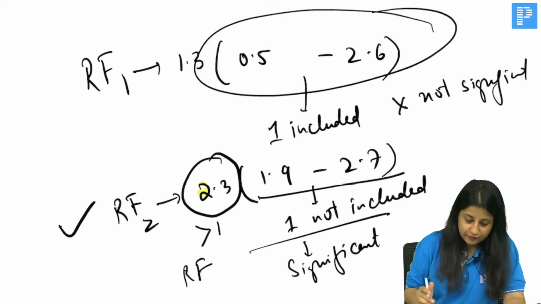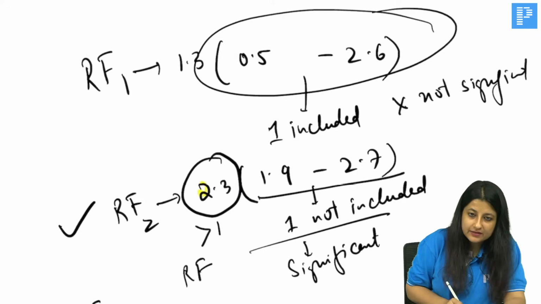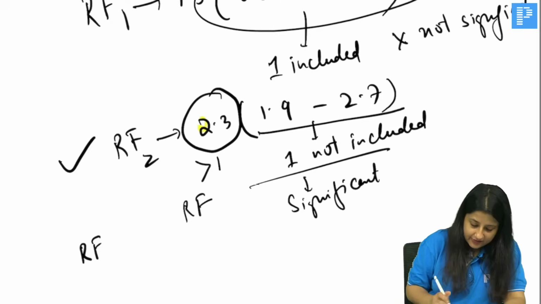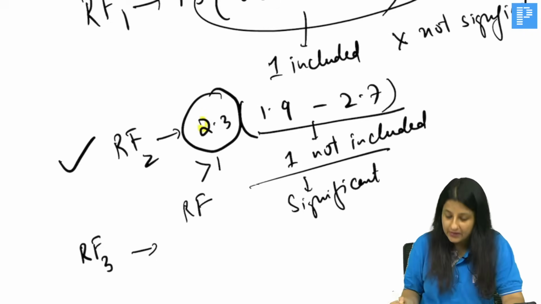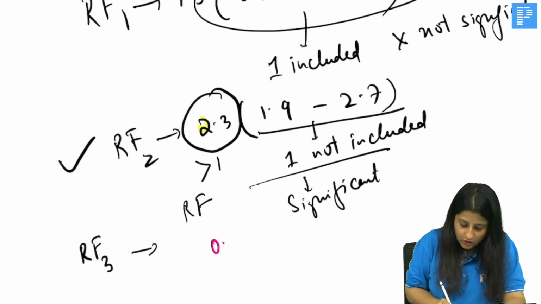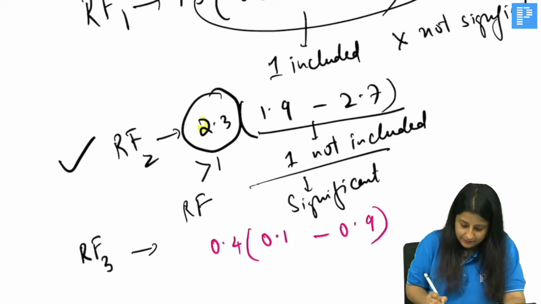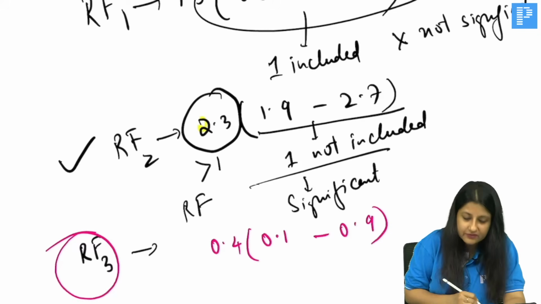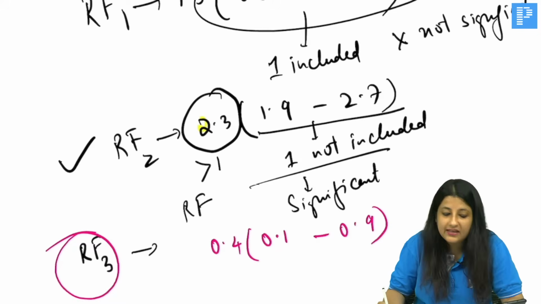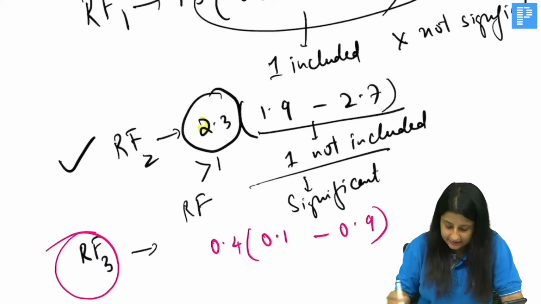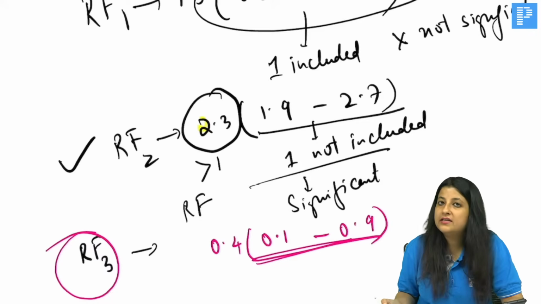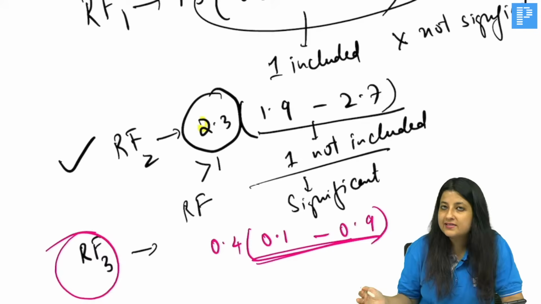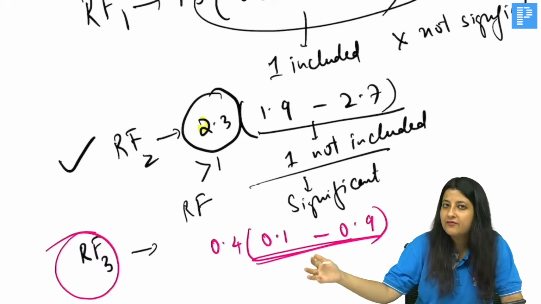But one more question. Suppose I have risk factor 3. Here I am seeing 0.4, with interval 0.1 to 0.9. Now tell me, factor 3, is this a risk factor or not? Again, look at this interval. Does it include 1? 0.1 to 0.9? No, 1 will come after 0.9.